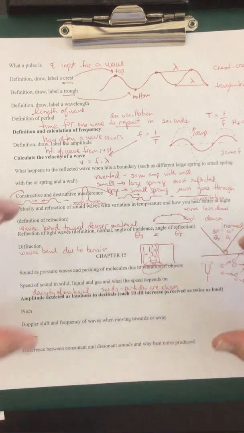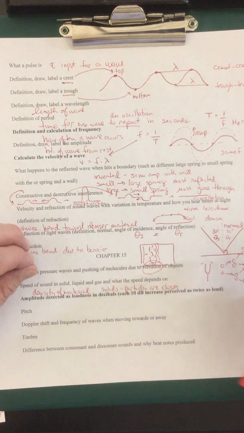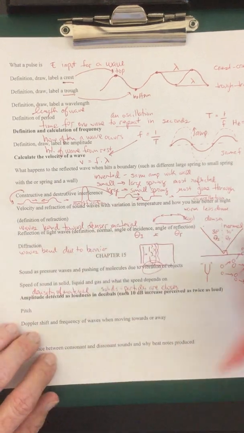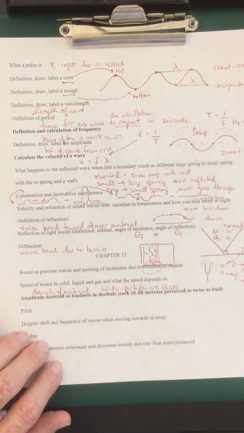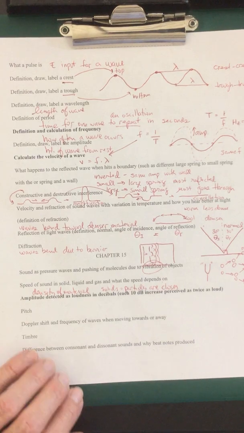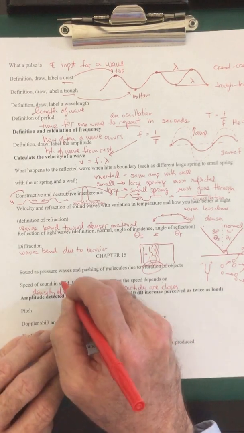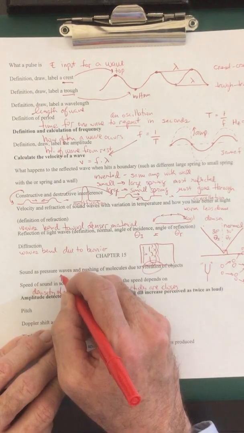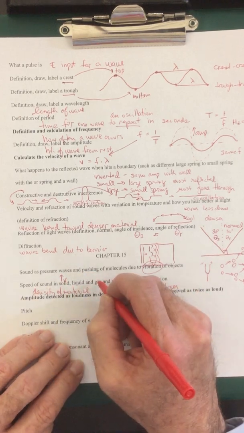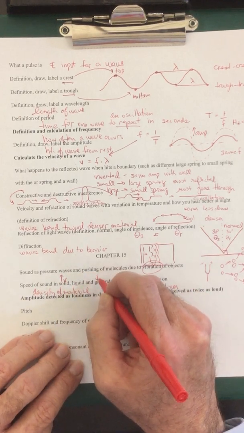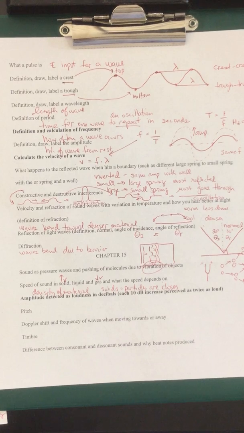With gases, your particles are more spread apart, so it takes time for it to bump into the next molecule. So with solids, we have the highest velocity, and with gases, we have the lowest velocity.